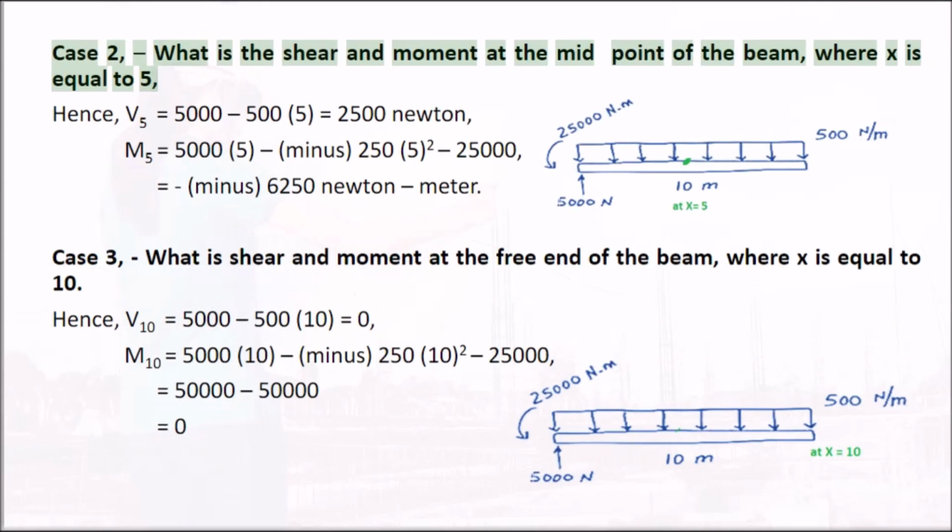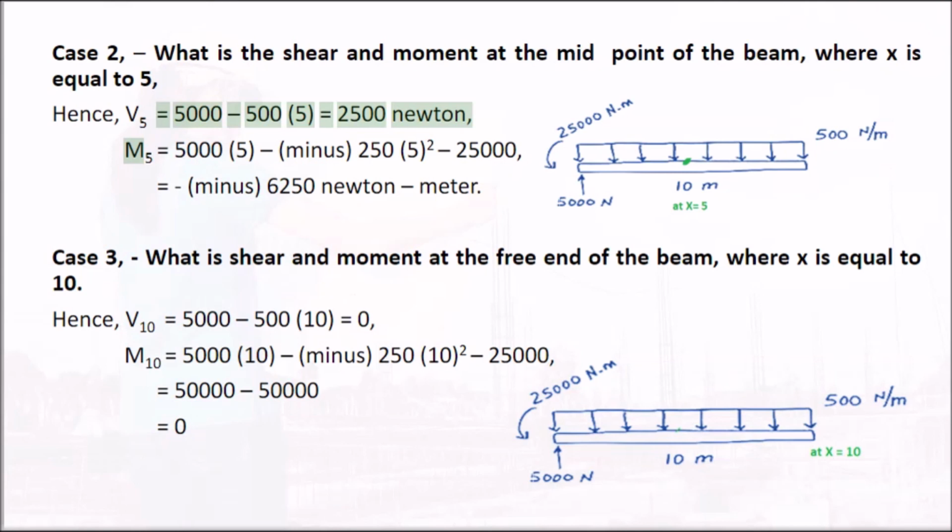Case 2. What is the shear and moment at the midpoint of the beam, where x is equal to 5? Hence, V(5) equals 5000 minus 500 times 5, equals 2500 Newton.